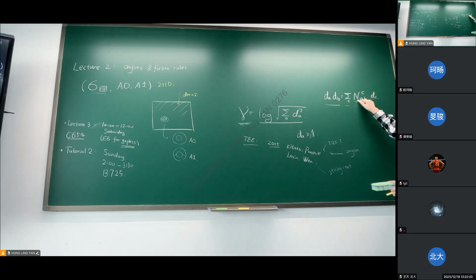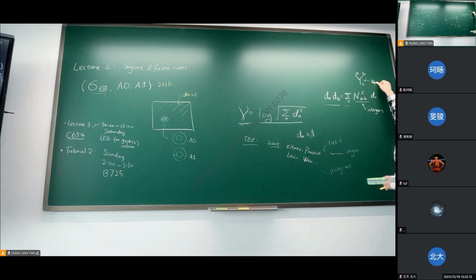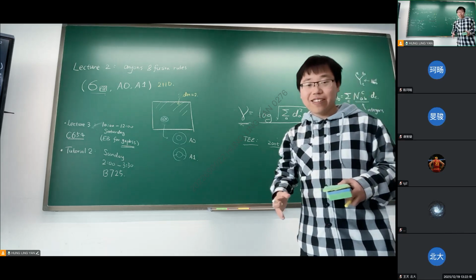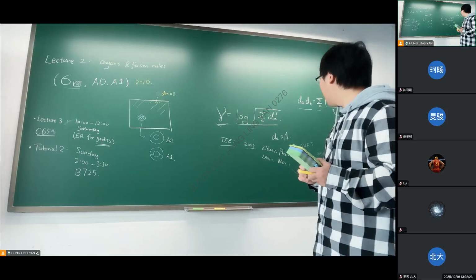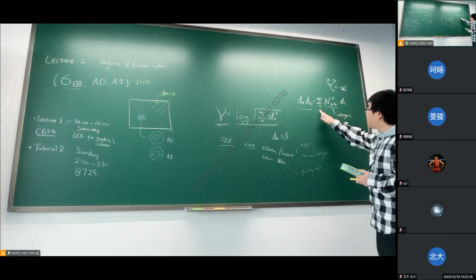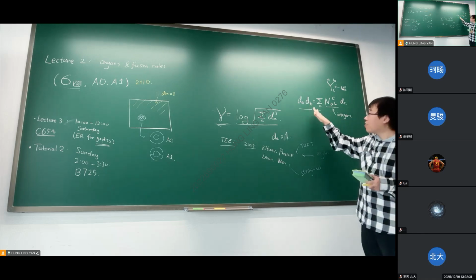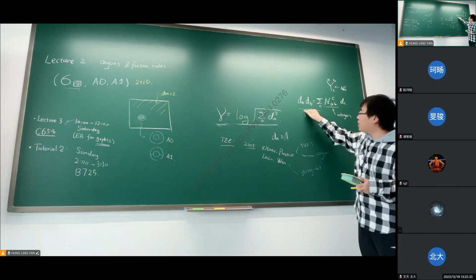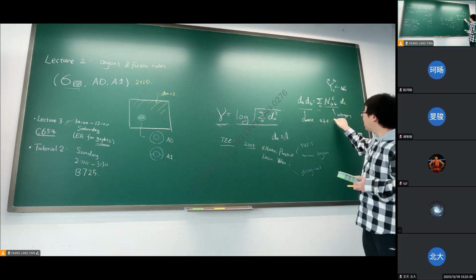So a set of integers N_AB^C is defined by the fusion rules of the anyons. These are non-negative integers, which tell you the number of ways A and B can fuse into C. And this is actually not one equation but a set of equations, because you can choose different A and B from the set of anyons.